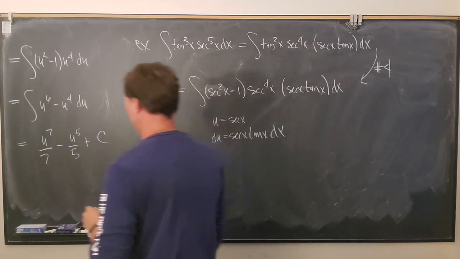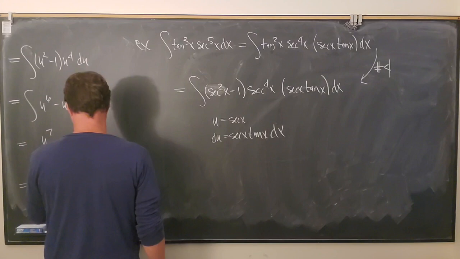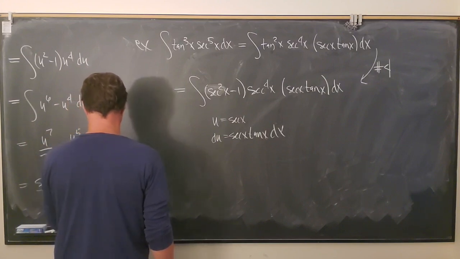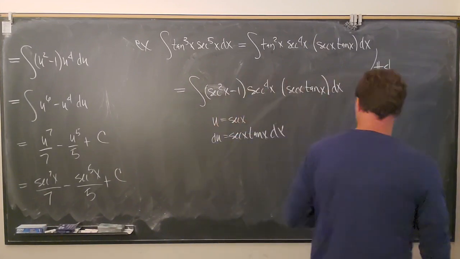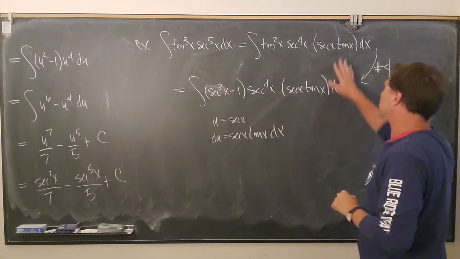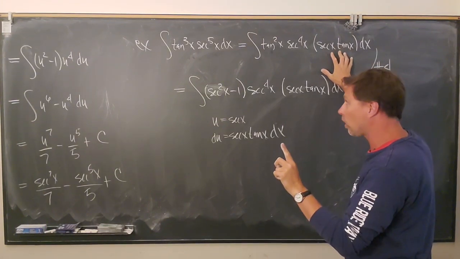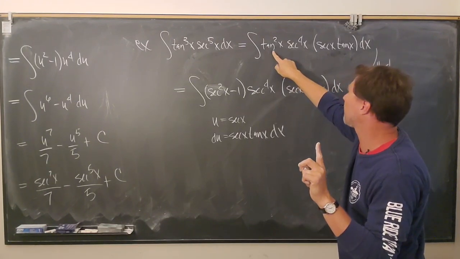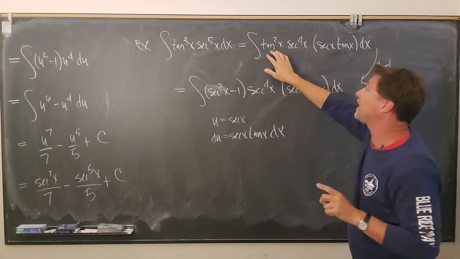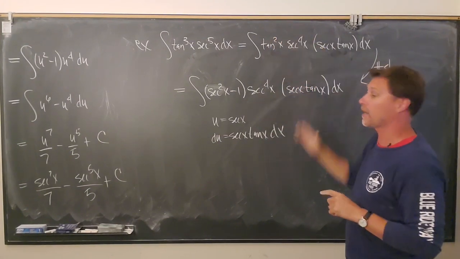And when we substitute back, what we'll get is secant to the 7th x over 7 minus secant to the 5th x over 5 plus c. Why did this work? I needed to be able to peel off a secant x and a tangent x and then apply identity number 4 to the tangent portion, which means, since I peeled off a tangent over here, I needed an odd power of tangent. So this trick worked because I had an odd power of tangent.